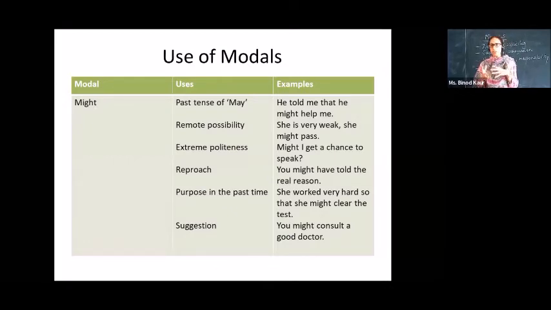Sometimes should and must can also be interchanged, right? So if students have written should and some of them have written must, and we see both are correct, we give them the marks, right, students?